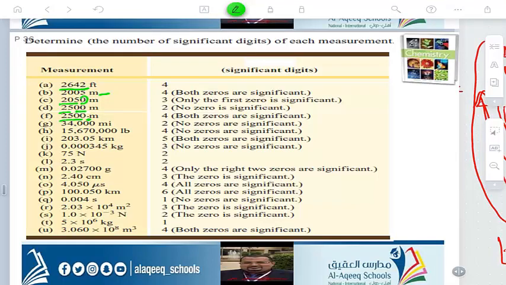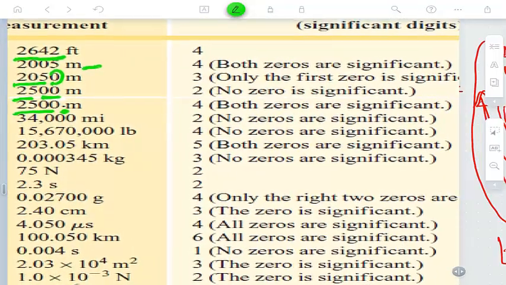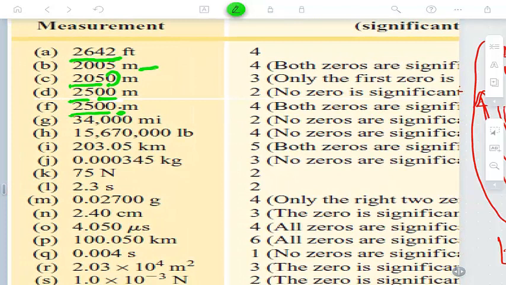4 significant figures. What about this? 34,000. Only 2 significant figures because we don't count these zeros. No decimal here. What about this? We have 1, 2, 3, 4 only because we don't have a decimal and all of these zeros are not counted.